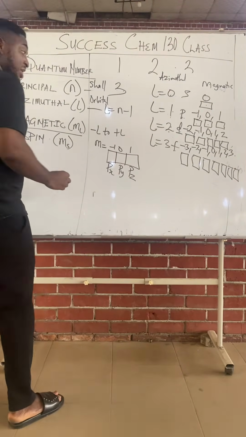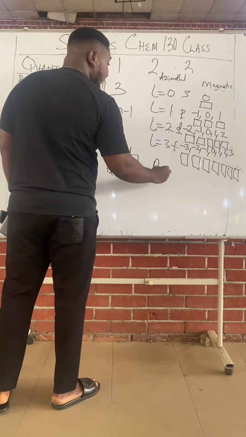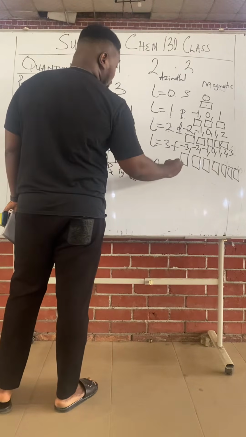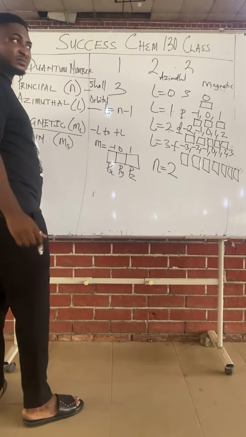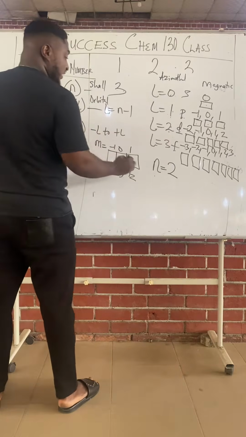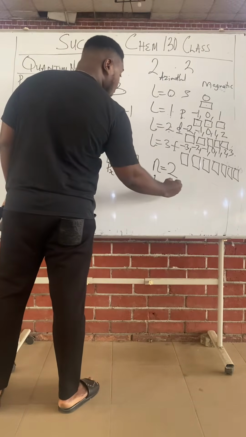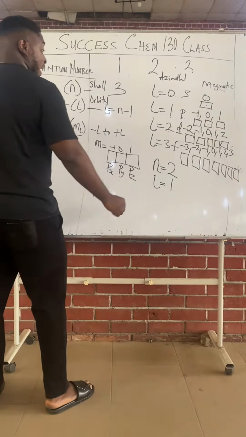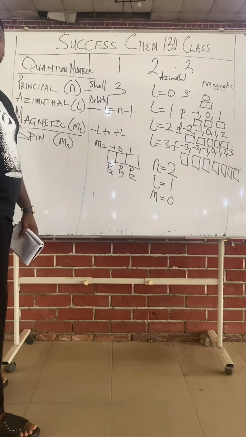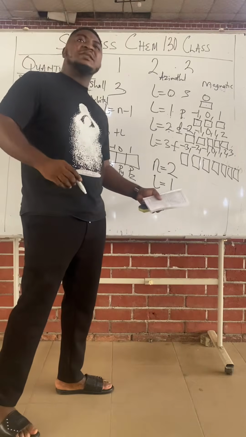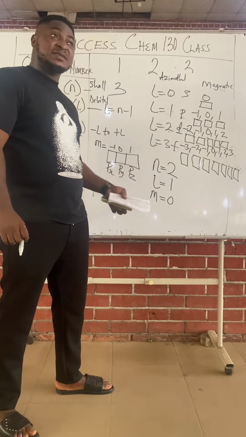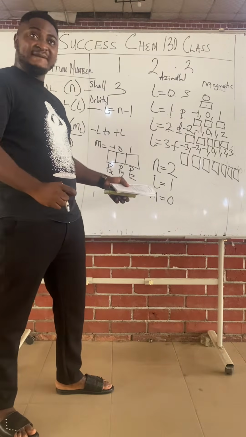Class, if you are told that the principal quantum number of a particular electron or atom is 2, and after principal, the azimuthal quantum number is 1, and the magnetic quantum number is 0, you could be asked to write down the correct orbital designation given these parameters.